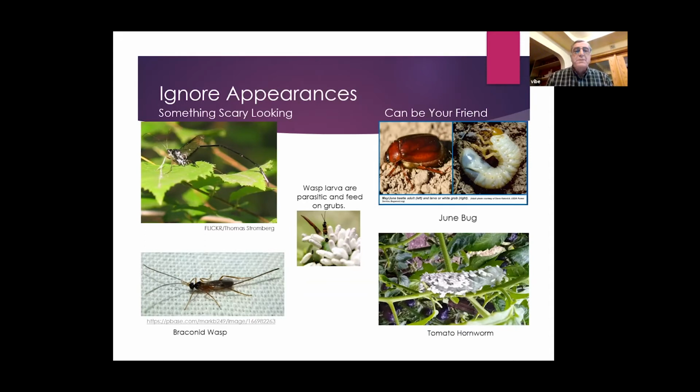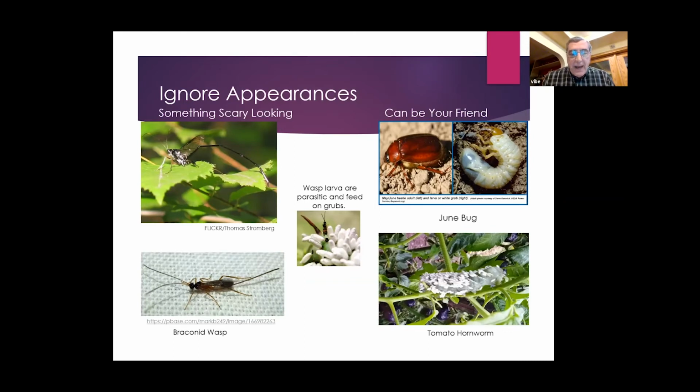What this wasp does is lay parasitic eggs on grubs. Your grubs can be anywhere from 5 to 8 inches below the ground, so the wasp has to be able to get the eggs 5 to 8 inches into the ground to lay the eggs on the grub. And that's what that tail is for.